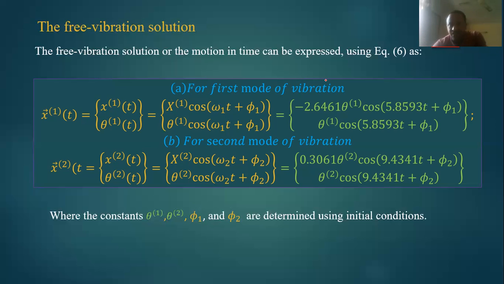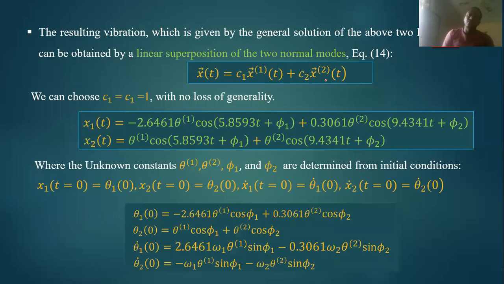Then finally we can get the general equation, the steady state equation of the system. So what will that be? x1 of t equals this, x2 of t equals this. Then substituting the initial conditions, we finally find all the constants. We have this constant, this constant, and this constant.